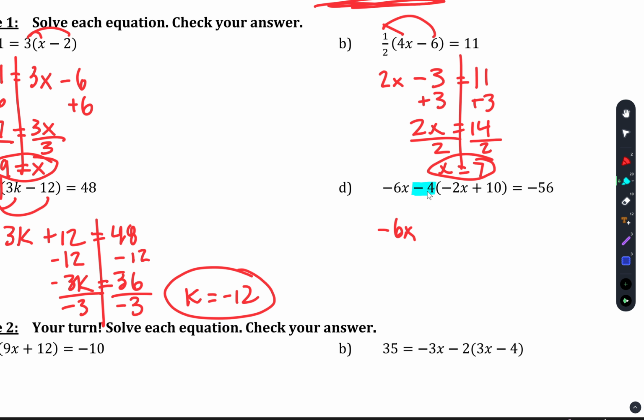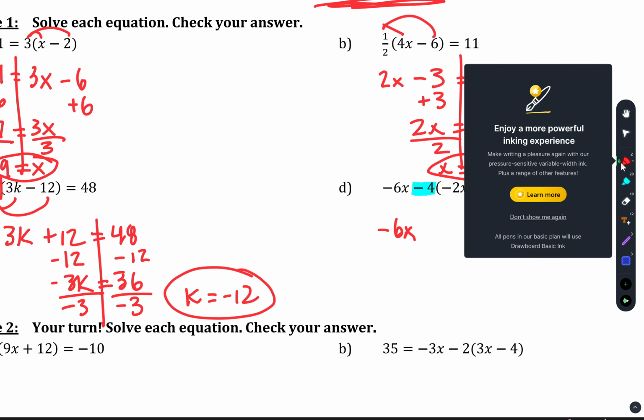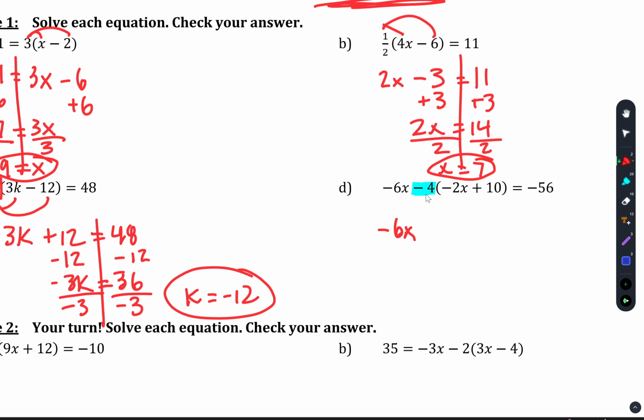So when I start multiplying things, I have to be multiplying by that entire thing. So negative 4 times a negative 2x, 2 negatives gives me a positive 8x. And then a negative 4 times a positive 10 gives me negative 40. Please, please, please do not drop your negatives as we are doing these. We have to make sure that negative comes with us the whole time.